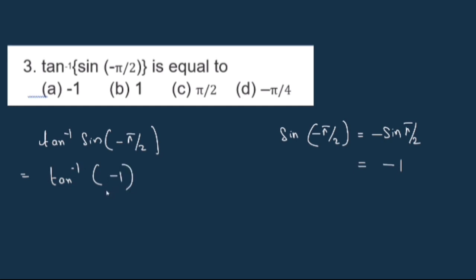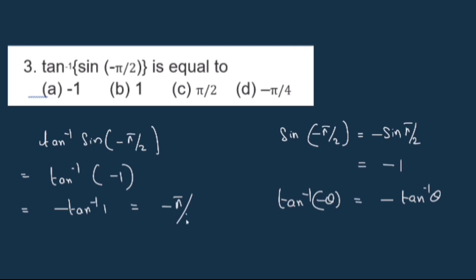Using the property again, tan inverse of minus theta is minus tan inverse of theta. So this is minus tan inverse of 1, that is minus pi by 4. So the option is D, minus pi by 4.